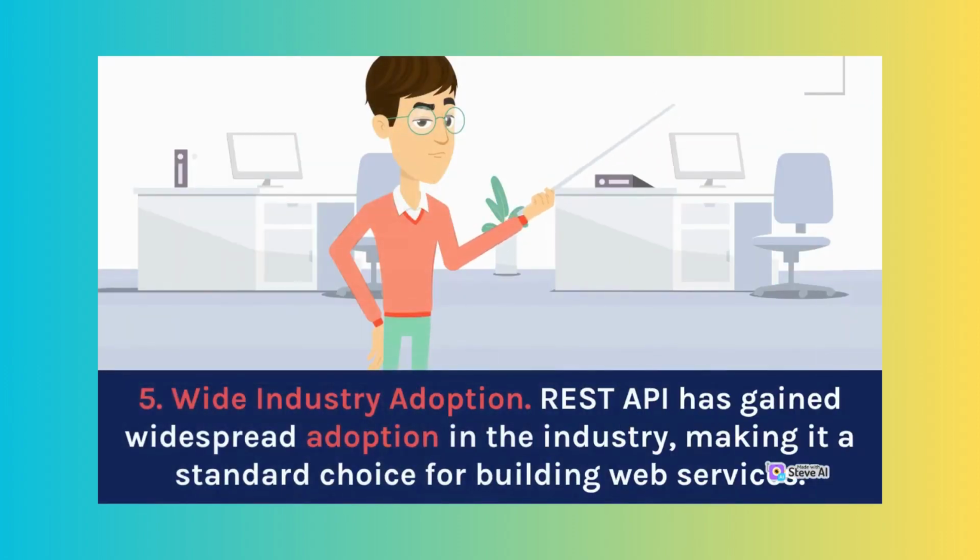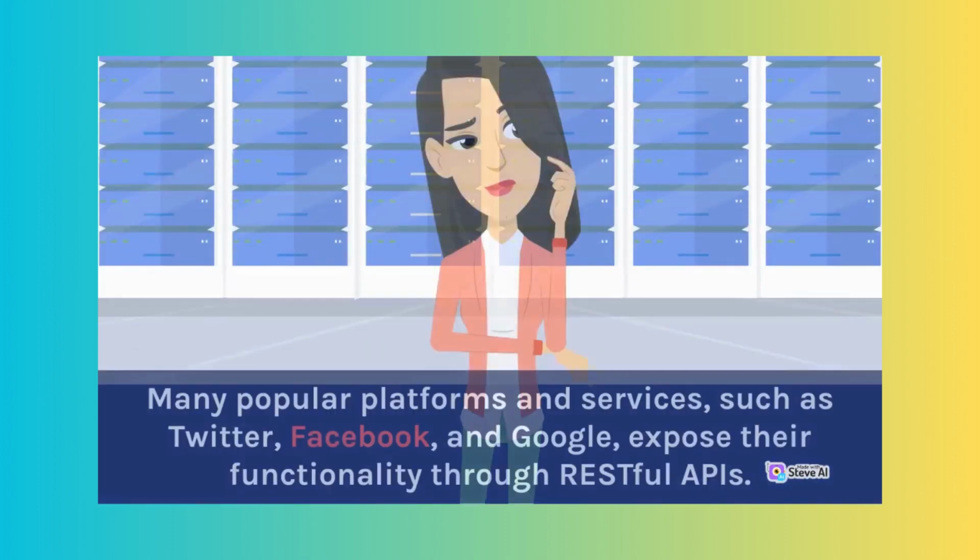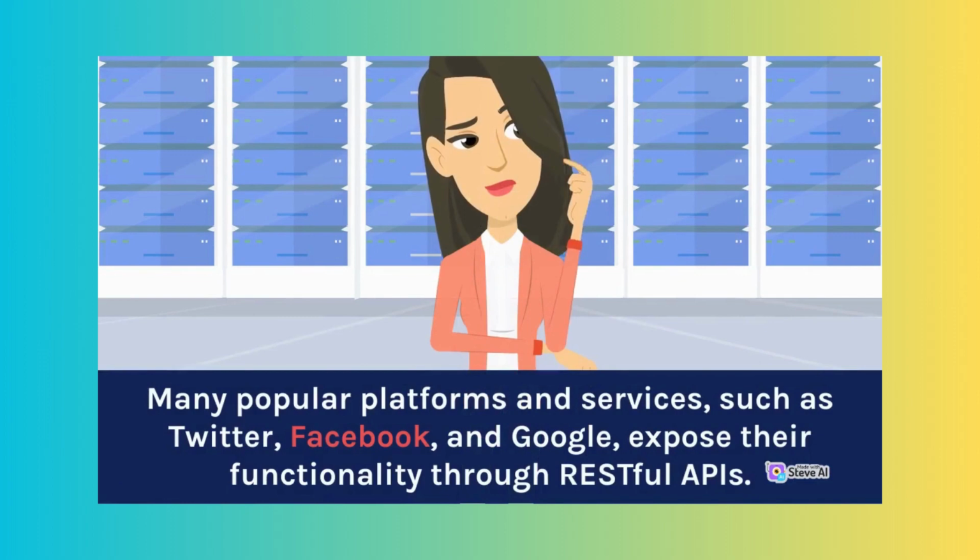Wide industry adoption. REST API has gained widespread adoption in the industry, making it a standard choice for building web services. Many popular platforms and services, such as Twitter, Facebook, and Google, expose their functionality through RESTful APIs.